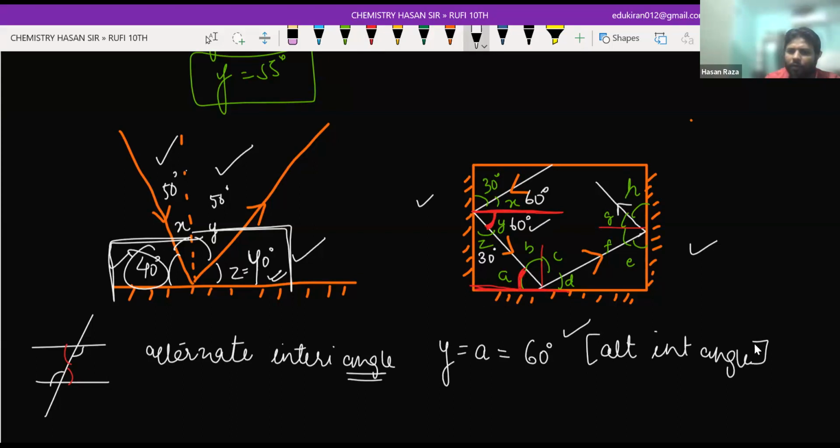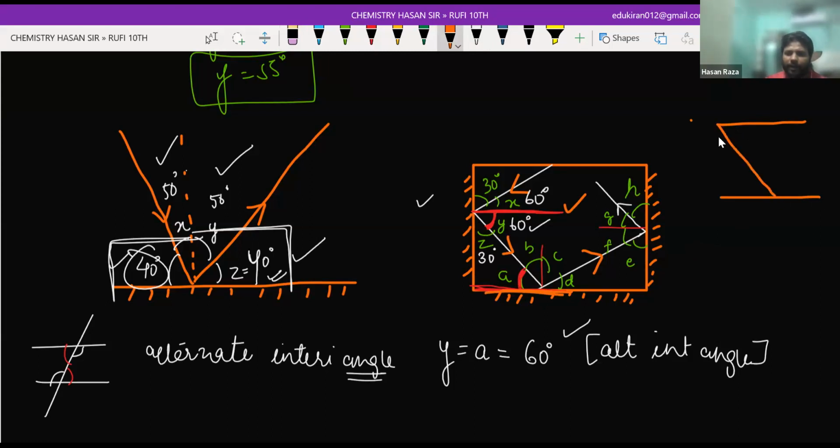Are you able to understand? Okay. I'm going to explain it again, and there are two methods to calculate this A. So I'm going to take this as this. You can see this is your normal, and this is the mirror which is present on the bottom, and the line is like this. Yes or no?